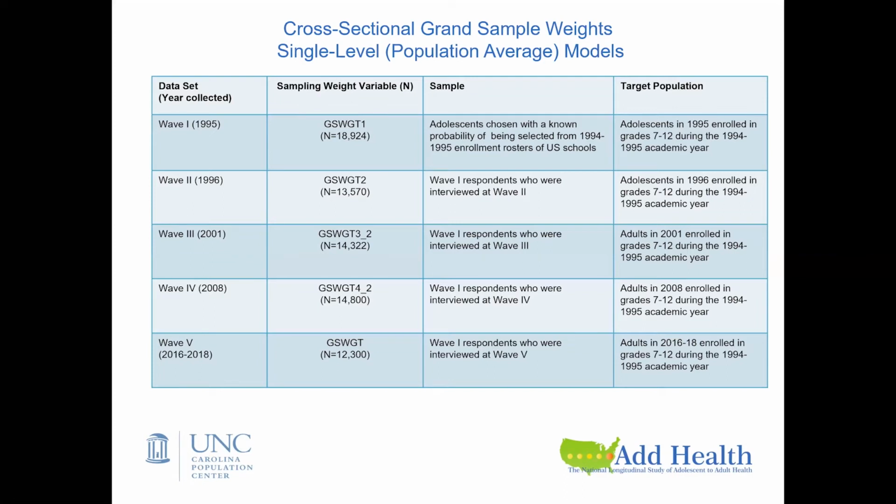And so just to define a few terms here, a single level population average model. These are analyses that provide a population estimate for adolescents enrolled in school for the 1994-95 academic year, which is our nationally representative population.